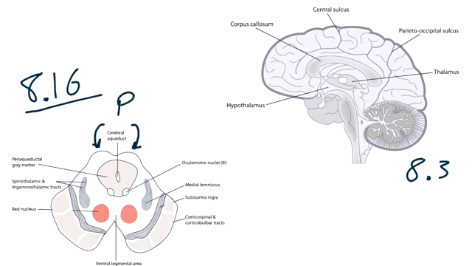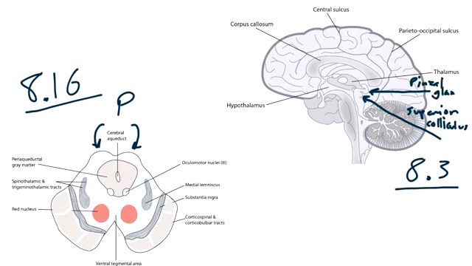In figure 8.3, we can see the superior colliculus right here is just inferior to the pineal gland. So it would stand to reason that in the case of a pineal gland tumor, the superior colliculus could easily be compressed, resulting in damage to the vertical gaze pathway, causing vertical gaze palsy.